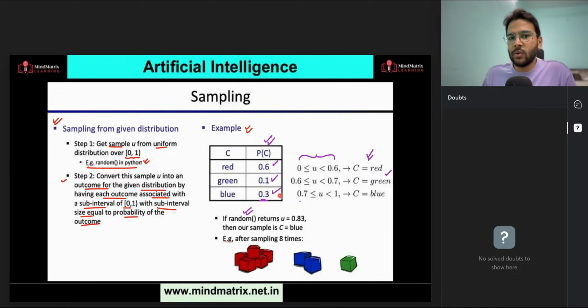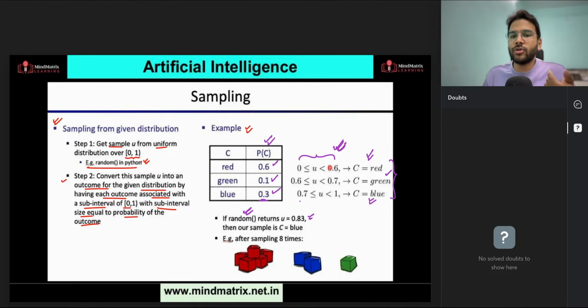Here 1 minus 0.7 is 0.3 itself. So this is how we are distributing these probabilities using the uniform distribution between 0 and 1. Now if you use this random function and, just for example, it returns 0.83, we can convert this sample u into the outcome using this distribution.